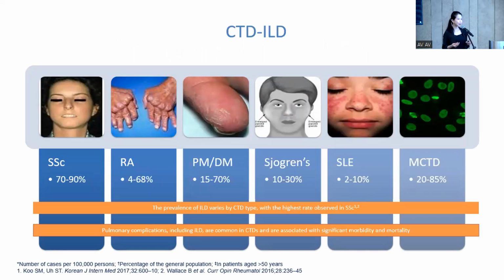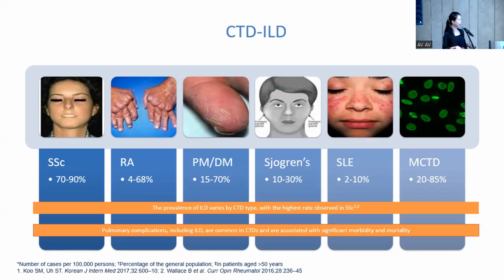So why is it important to talk about CTD-ILD? This slide shows the prevalence across the board of CTD-ILD, and we know that the prevalence varies. In scleroderma, the prevalence is thought to be around 70 to 90%, down to about 10 to 30% in Sjogren's and 2 to 10% in lupus.